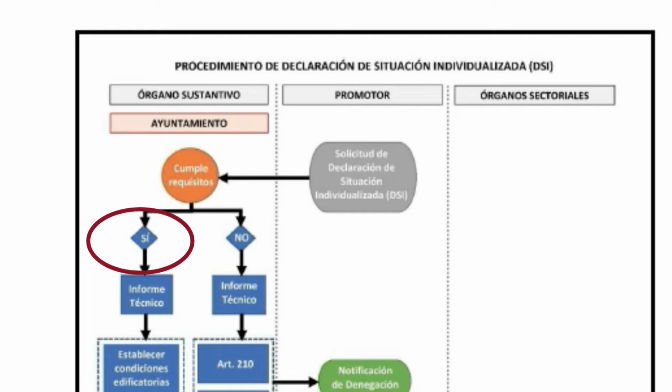The yes flow means that the municipal technician, which is what I was here in Valencia, they have to make a report, and then they have to decide whether this particular case requires reports from these what we call sectorial entities or not.